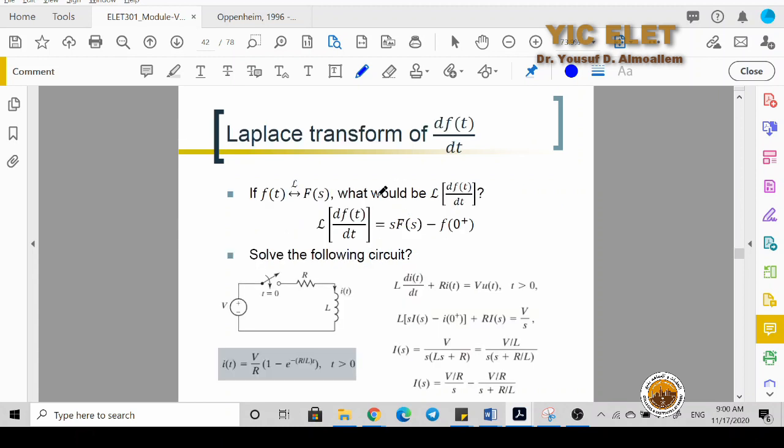Like you can see that you can solve some electrical circuits using Laplace transform, and there is a definition for each element.